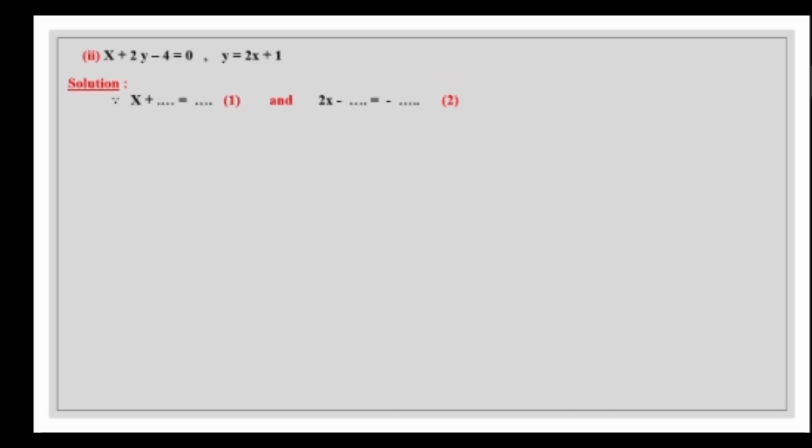Therefore, the two equations will be x plus 2y equals 4, that's equation number 1, and the other equation 2x minus y equals negative 1.